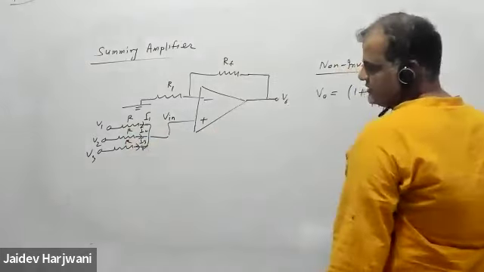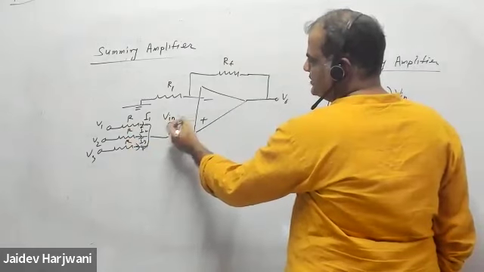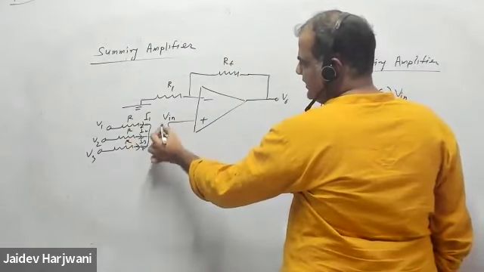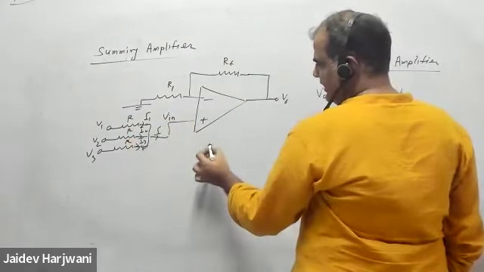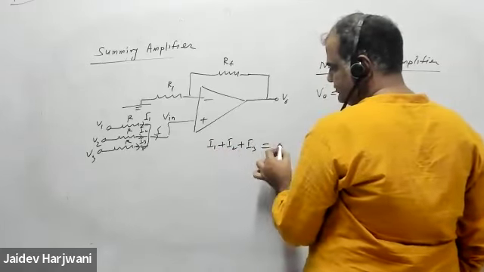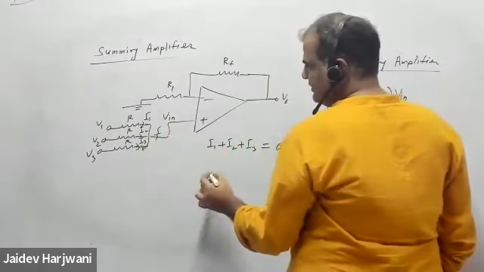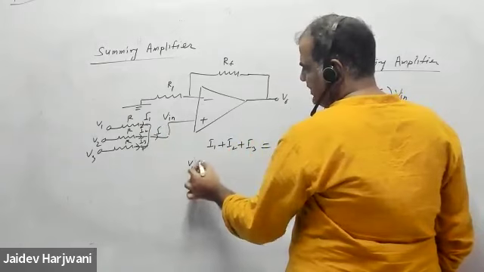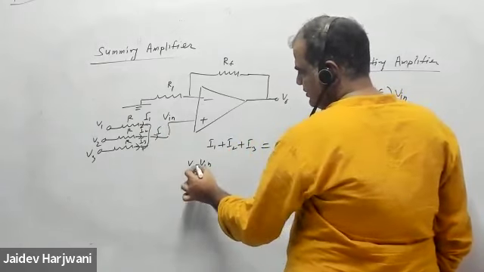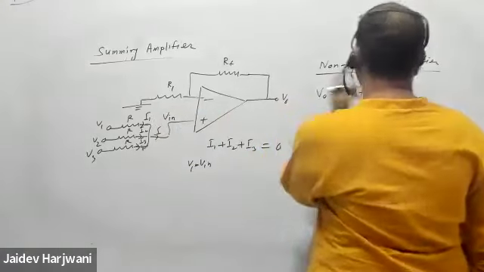So using nodal analysis, I am finding what is the voltage here. In this side, current is not going; I plus is 0. So I can write I1 plus I2 plus I3 equal to 0. Now I1 becomes V1 minus V input, or you can also write V plus, okay? V input or V plus, whatever you want.